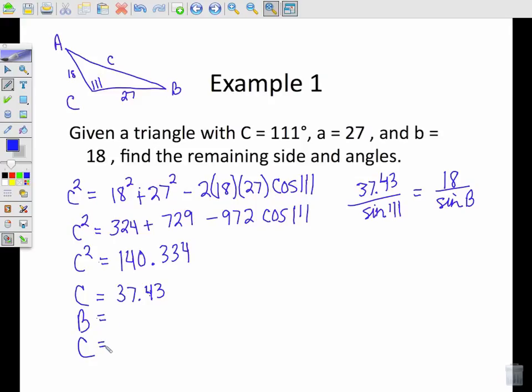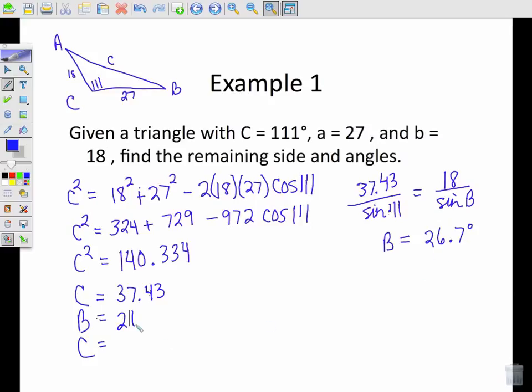Once you cross multiply and divide, your angle B is going to equal 26.7 degrees. Remember, you have to use the inverse sine to find your angle.